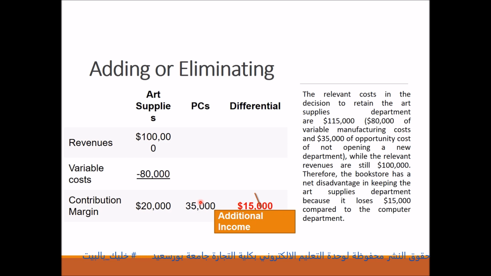The personal computer department is expected to generate $35,000 contribution margin. So the additional income generated by the personal computer department is $15,000. So the bookstore has a net disadvantage in keeping the art supplies department because it loses $15,000 compared to the computer department.